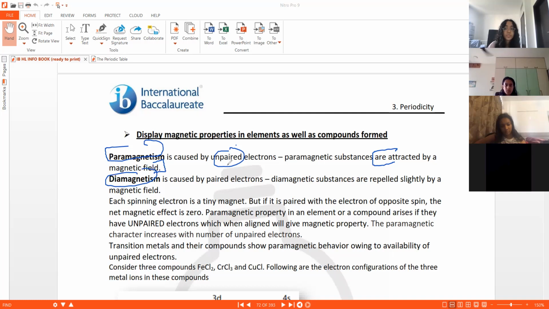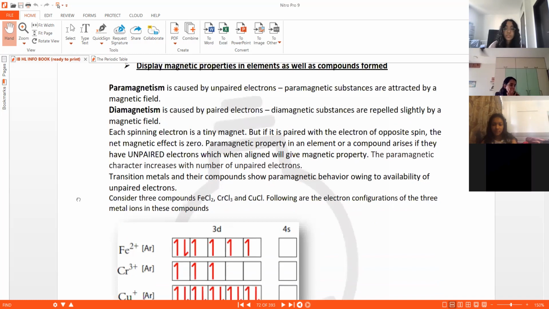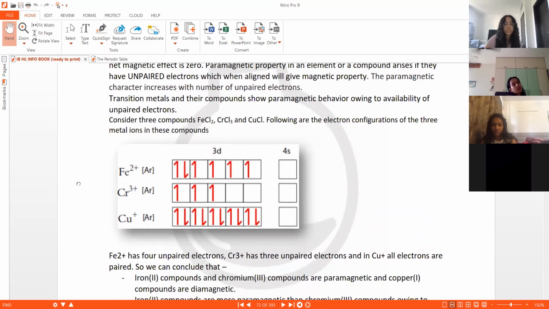Diamagnetism means it has paired electrons, so it will be repelled slightly by the magnetic field. The only thing you need to remember here is that magnetism is directly connected to the availability of the unpaired electrons. Like these are the cases given.